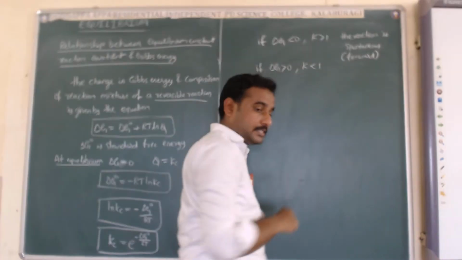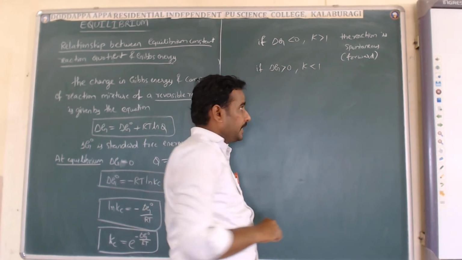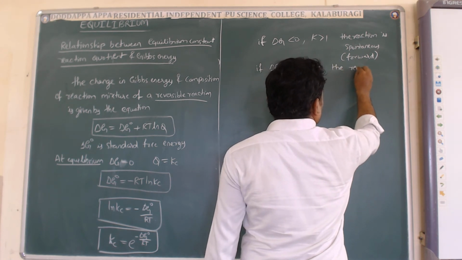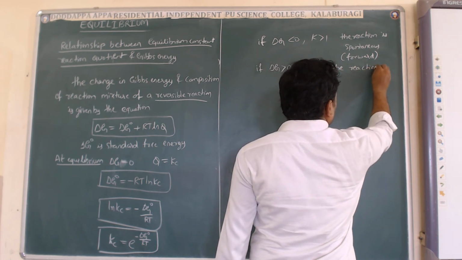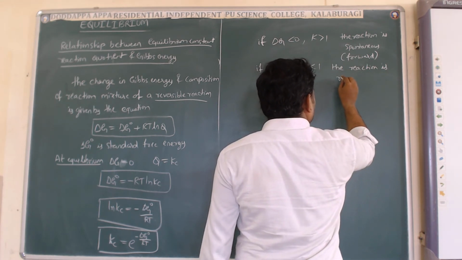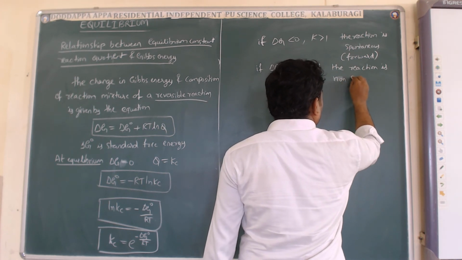Already you know that K greater than 1 is forward reaction and K less than 1 is reverse reaction. So the reaction is non-spontaneous.